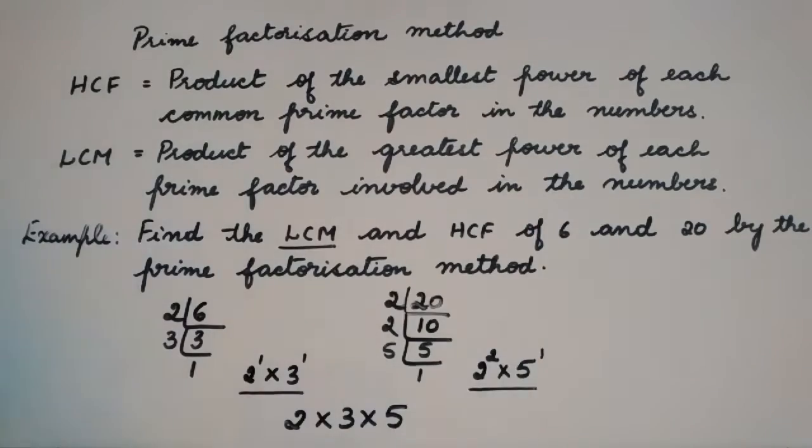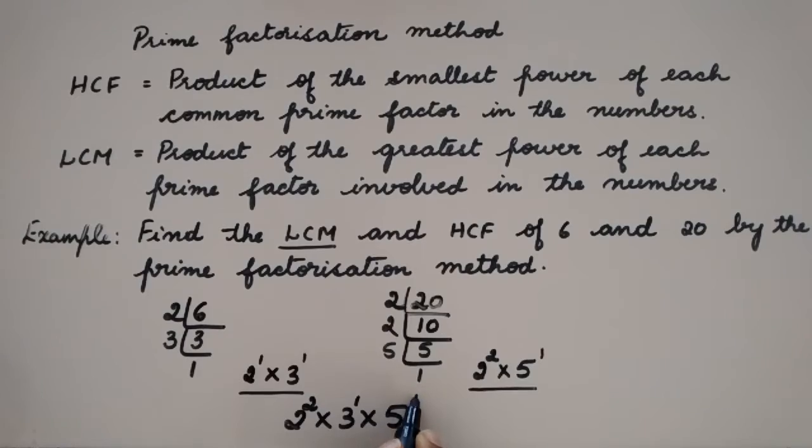Now what is the greatest power of 2 here? Whether it is 2 to the power 1 or 2 to the power 2. It is 2 to the power 2, isn't it? So the greatest power of 2 is 2. Next, which is the greatest power of 3? It is 1. Which is the greatest power of 5?